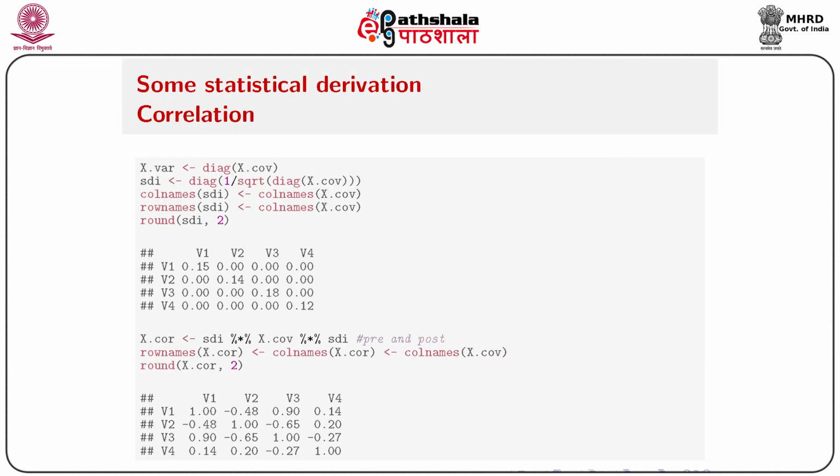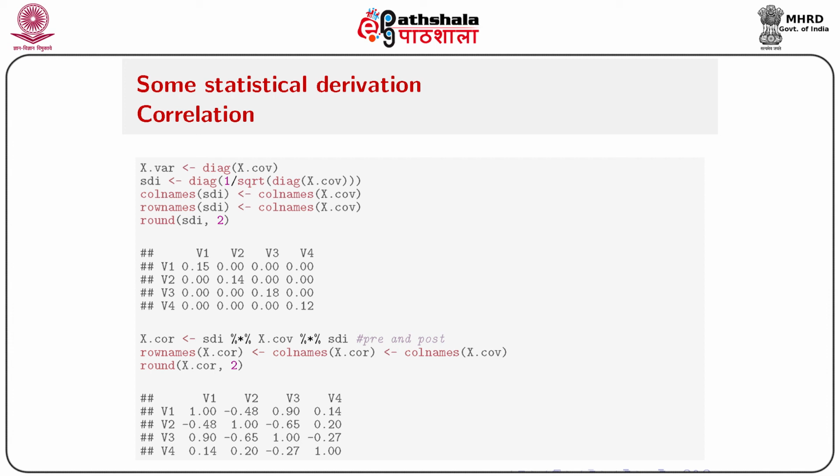Suppose someone wants to calculate the correlation, that also can be done by the vector-matrix concept, avoiding the correlation functions. The correlation functions are there, you can always use them, but in this case I am demonstrating something that might be useful in future high-dimensional computation.